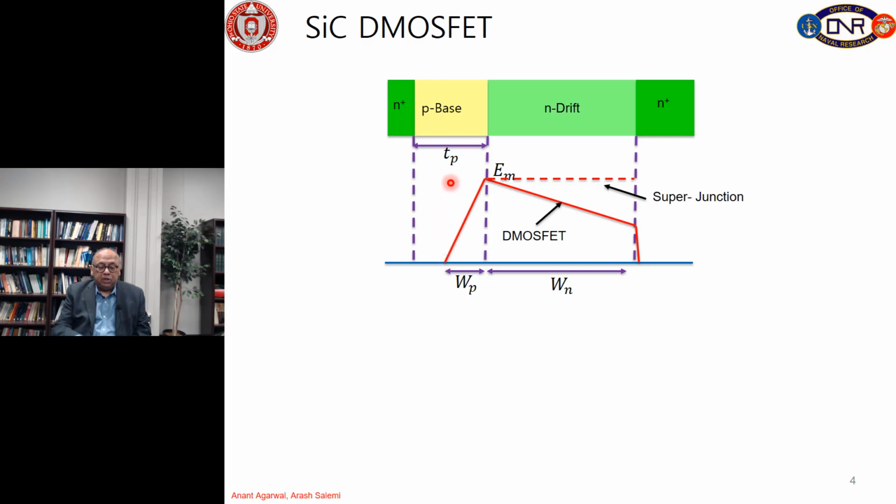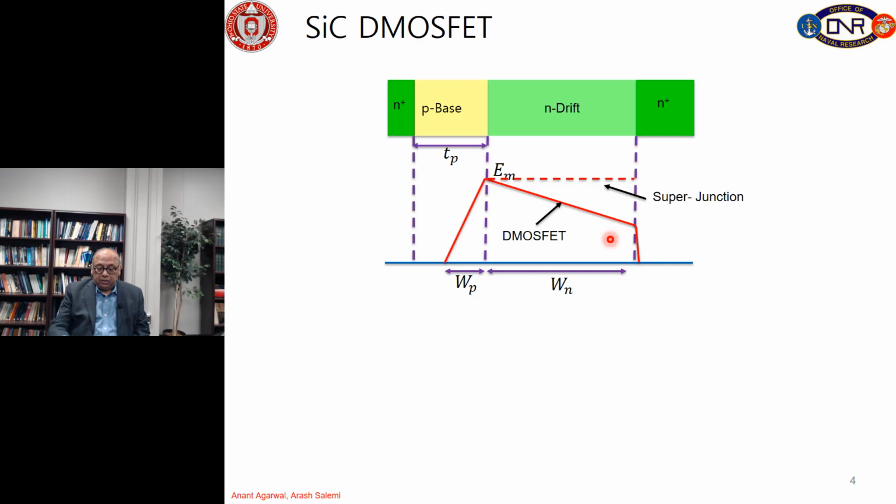Since the P base is much higher doped than N drift layer, we can generally neglect WP. So the area under this curve gives you the breakdown voltage of this device.